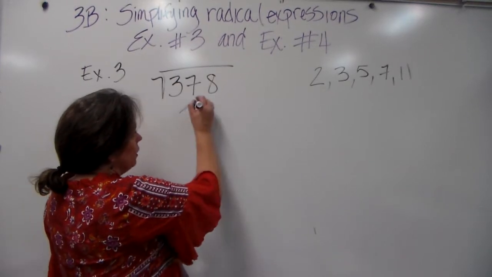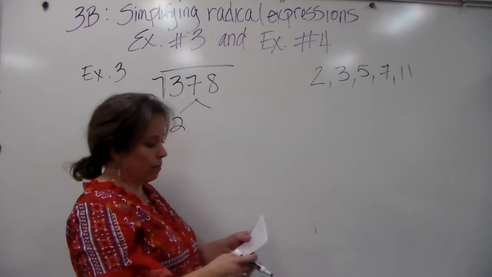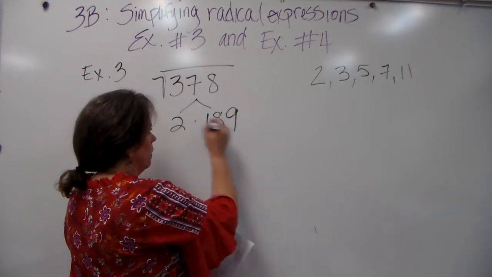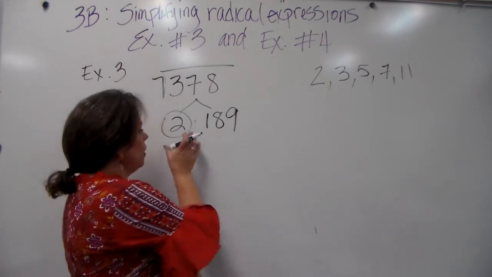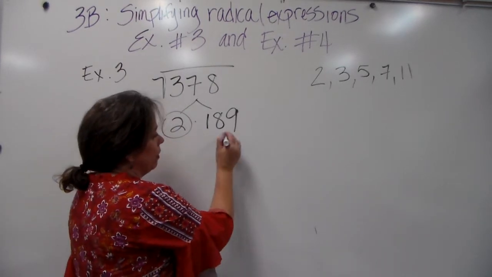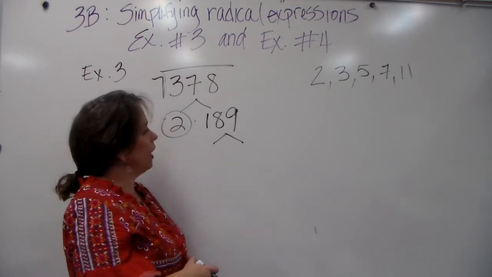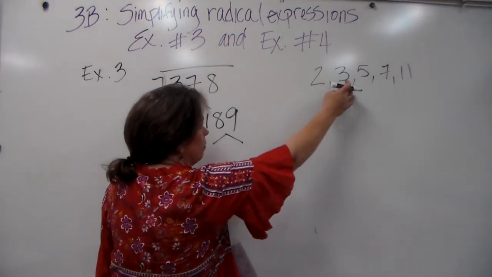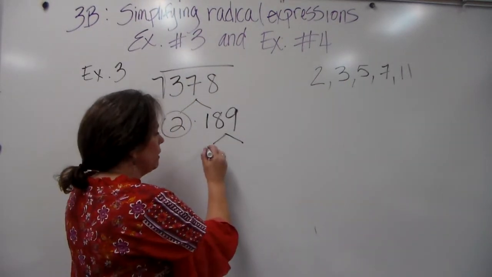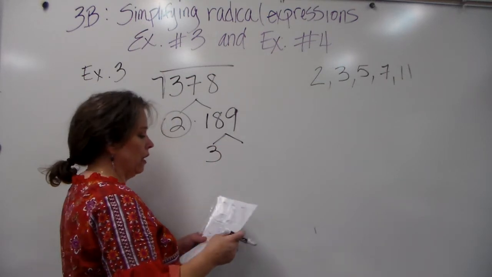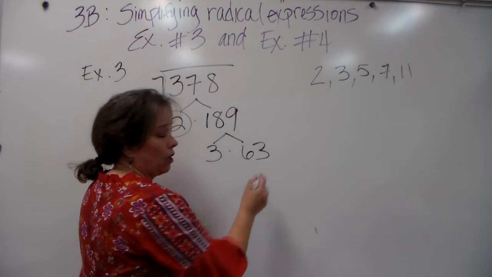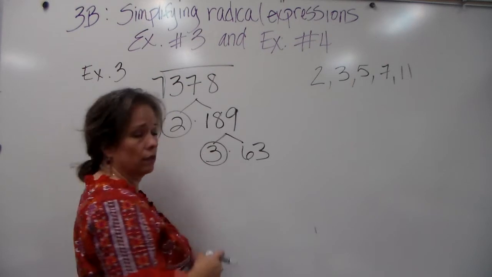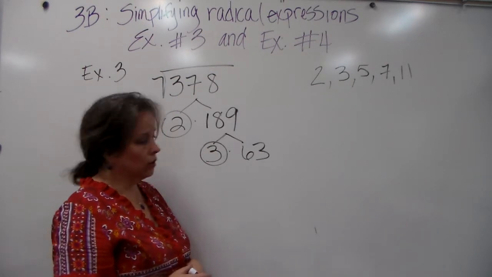So when we divide 378 by 2, we'll get an answer of 189, and our 2 is prime. So we don't need to keep going down that branch, but we want to keep reducing on this branch, okay? So we're going to try another prime. It's not even, so we're going to try our next prime, which is a 3, okay? So when we divide 189 by 3, we'll get 63 as our answer, and since that's a whole number, we know 3 is a good factor, and that's our next branch, okay?